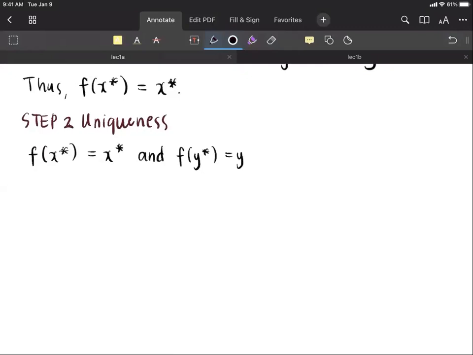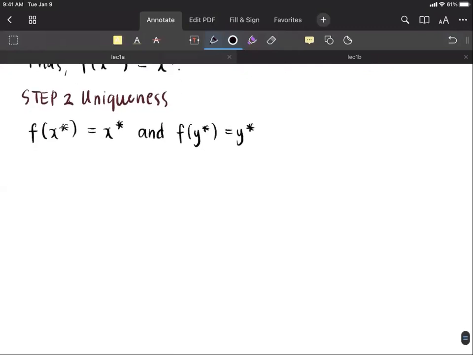Our aim is to show that x star must be the same as y star. Well, we can look at the distance between x star and y star. Since these are fixed points of f, x star is the same as f of x star, and y star is the same as f of y star.